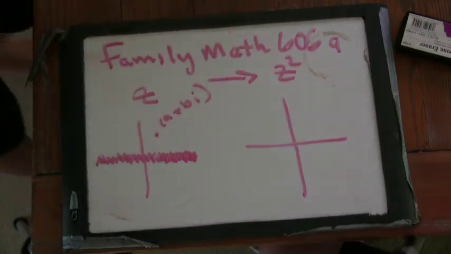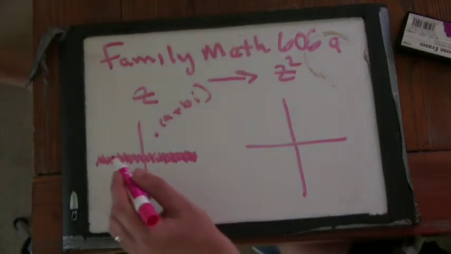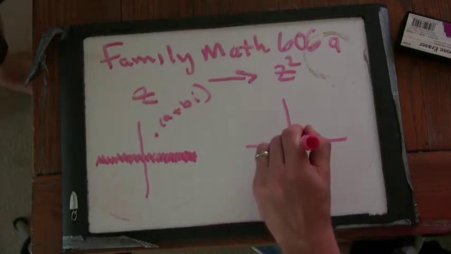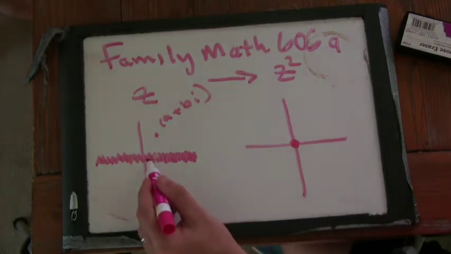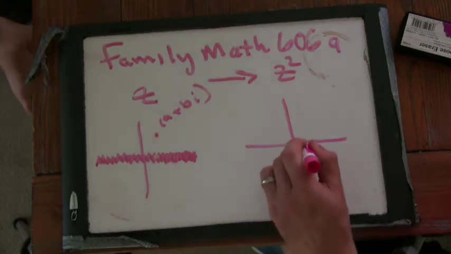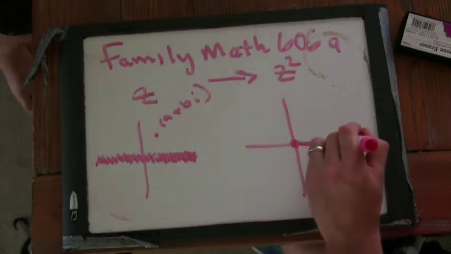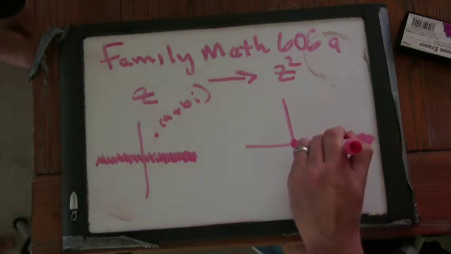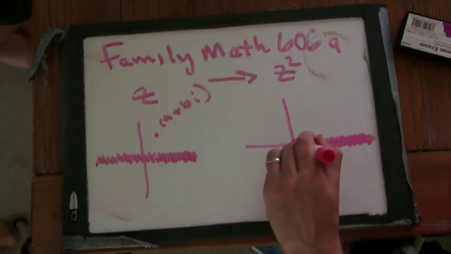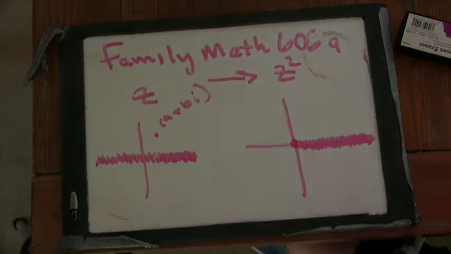Interestingly, 0 goes to 0, right? Yes. And the positive numbers go to positive numbers. They don't necessarily go to themselves, but the positive numbers fill up the positive numbers.